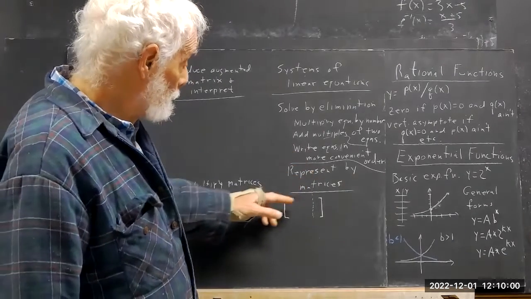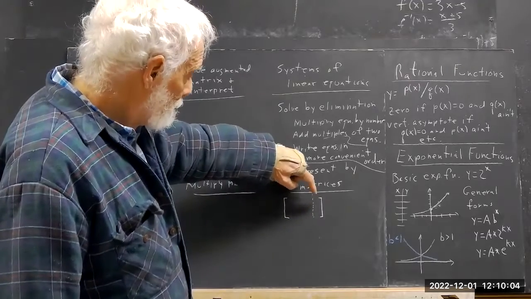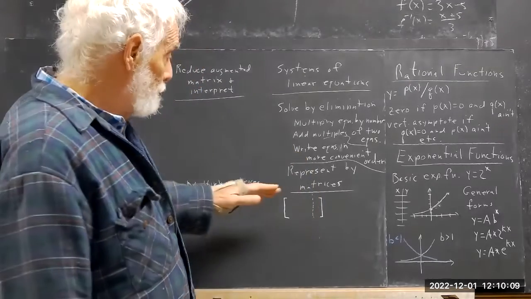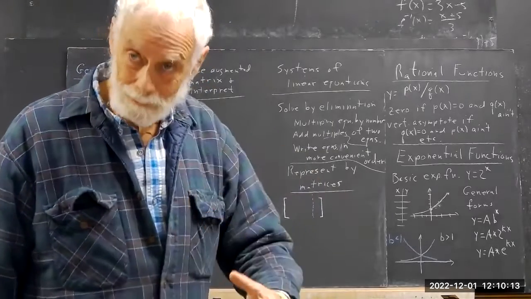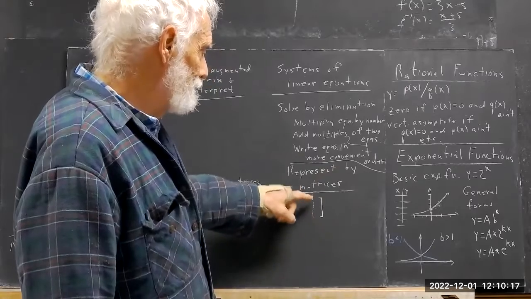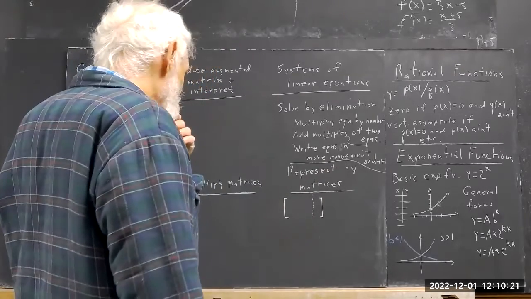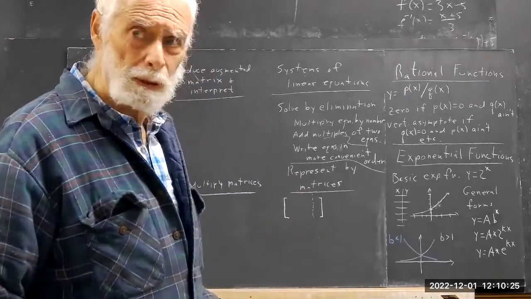Each row will represent the left-hand side of one of the equations, and here we have the right-hand side. So each row of the entire matrix represents one equation. And this is a representation of the equal sign, and you want to keep that in there so you don't lose track of what you're doing with the matrix.